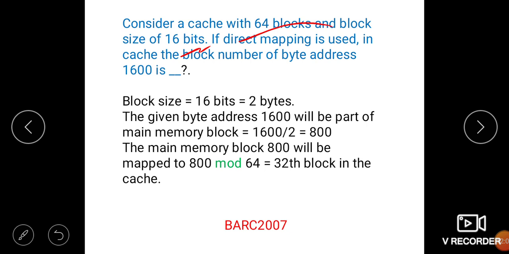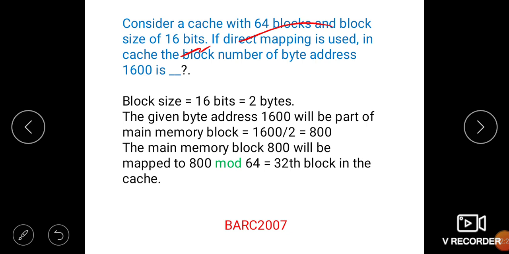So there is the direct mapping technique, the second is set associative, and the third is associative. In the direct mapping technique, which is the simplest technique, each block of main memory is mapped into only one possible cache line.